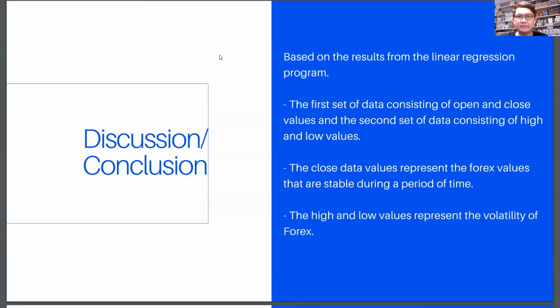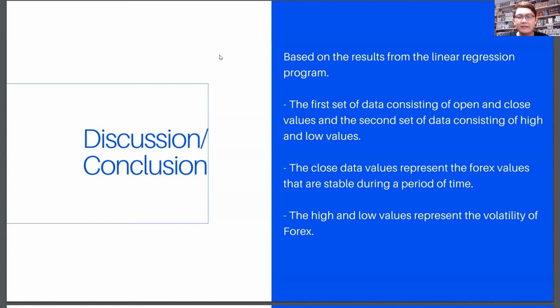Discussion and conclusions. Based on the results from the linear regression program, the first set of data consists of open and close values, and the second set consists of high and low values. The close data values represent the Forex values that are stable during a period of time.